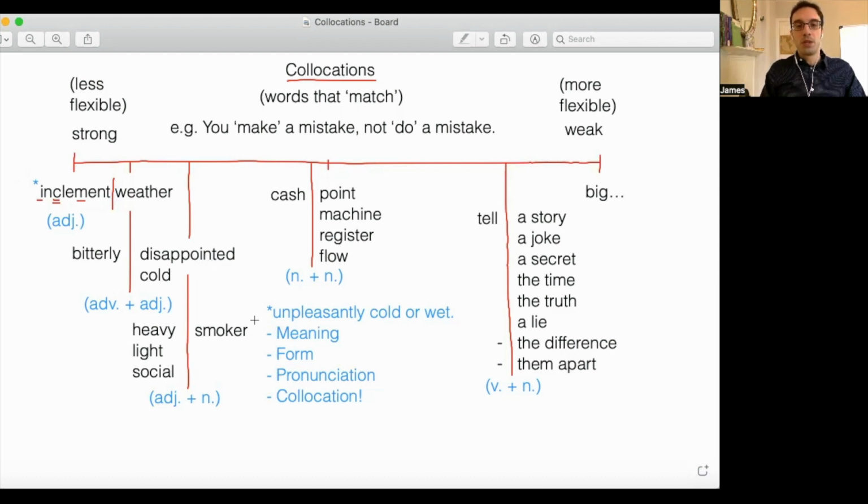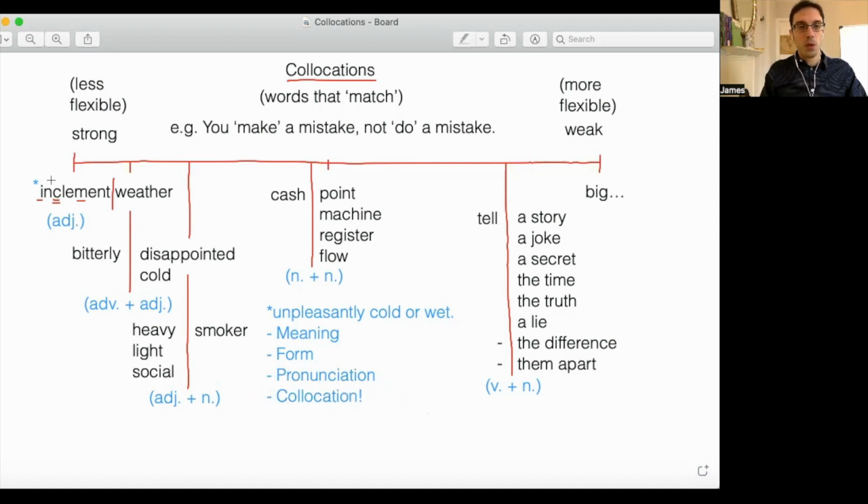But I also mentioned how you should record these words with more than just its meaning or translation, okay? So for example, in addition to its meaning or a translation, you should also record its form, pronunciation, and if you can, a couple of collocations, okay?